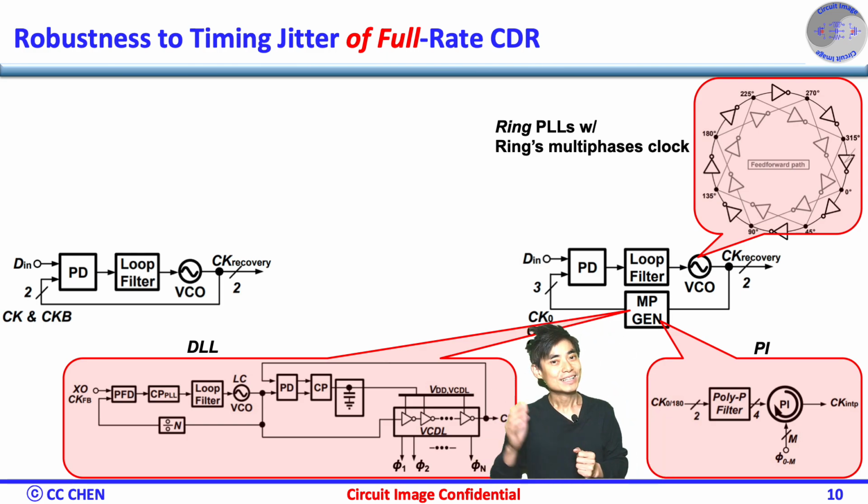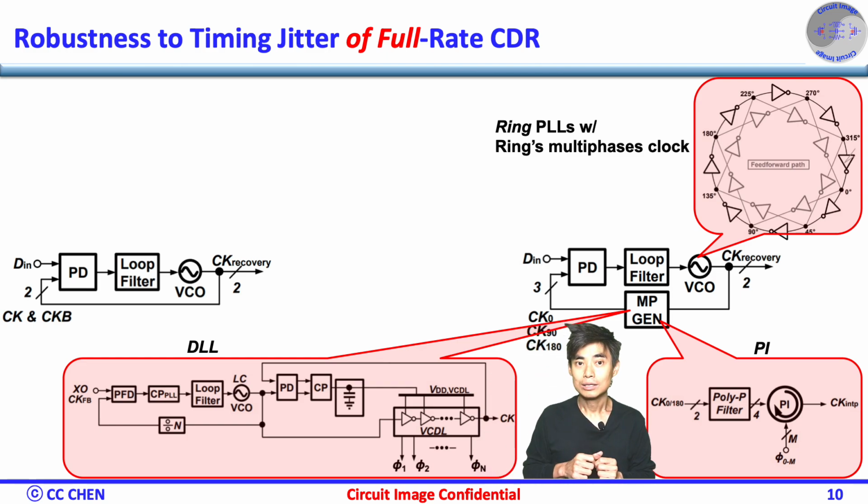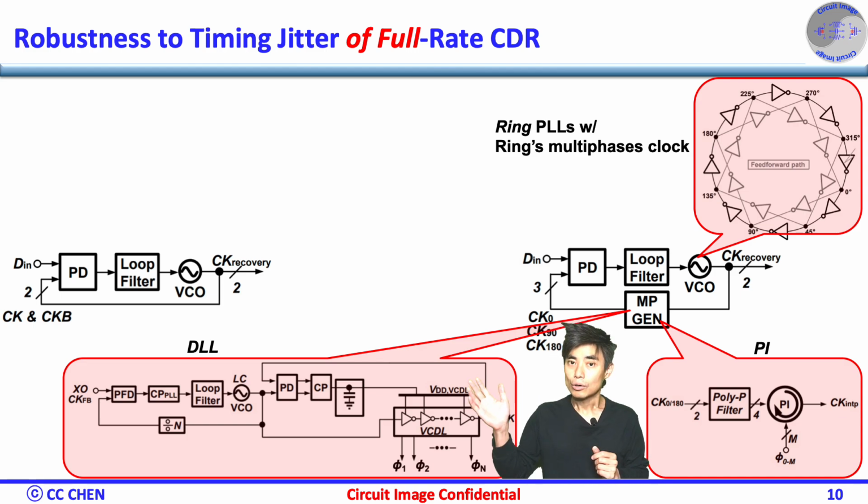As you can see, the full-rate clocking only requires a differential clock, which is available in either LC or ring PLLs naturally without adding any complexity. In addition, the phase accuracy can be self-maintained easily by balancing the loads and buffers.